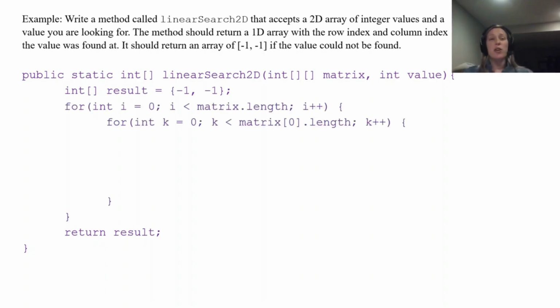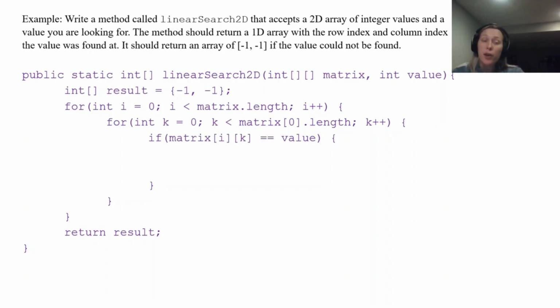It doesn't matter which way you're going, so I will do row major. You're going to be looking at these headers long enough that hopefully they'll just come naturally to you. Those are your 2 headers for row major. i is going to be rows, k is going to be columns, and you're just going to look through the whole 2-dimensional array. What are you going to check? Well, at each element, you're going to see if that element is equal to the value you are trying to find. So this question looks like an if statement.